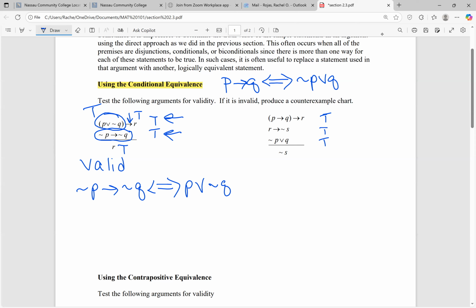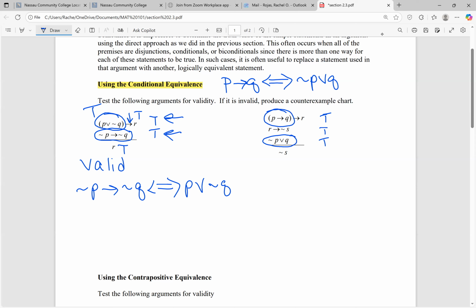Because if we know P implies Q is equivalent to not P or Q, and I see an or statement in there, let's see if they're equivalent. So I have P implies Q right here. That's the left-hand side of the first premise. That's equivalent based on my conditional equivalence to not P or Q, which I have right here.